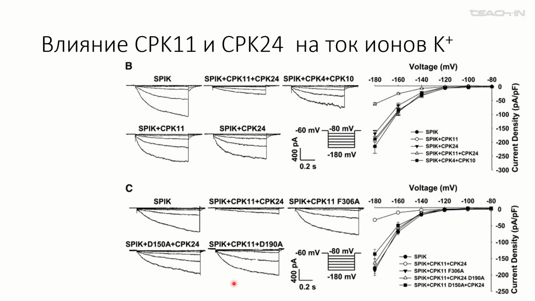И D150A, видите? Это тоже смена аспарагина на аланин, но уже в другой киназе. Собственно, сначала было в CPK-24, а потом CPK-11. То есть D150A это в CPK-24 или в CPK-11? Или в самом канале?